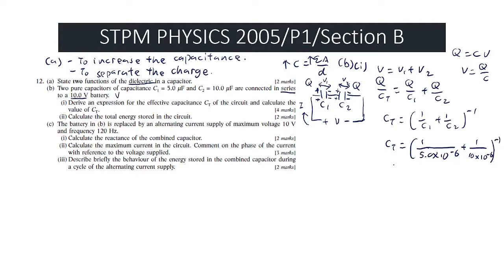We can get 1 over 5... So I get 3.33 times 10 to the negative 6 farad.